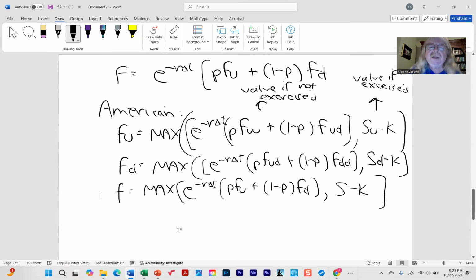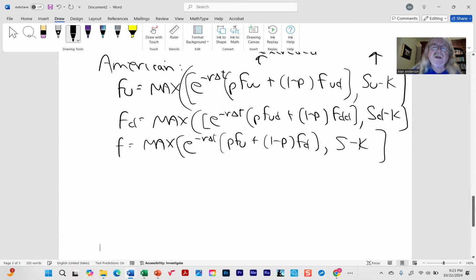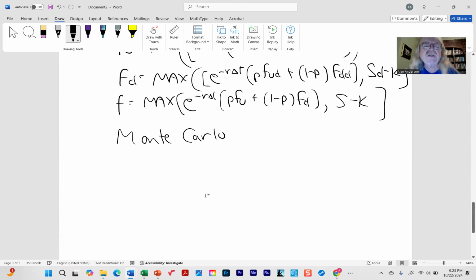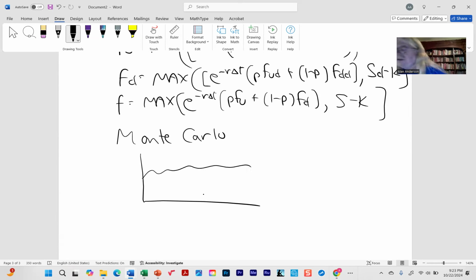Now, that's fine for a lattice model, but for these Monte Carlo models, you notice how we're saying that we've got an asset like a stock, let's say, and we have a statistical model that tells us how it changes over time. And so we follow it along and we simulate it, but we can't, for example, stop here and say, well, should we exercise early or not?